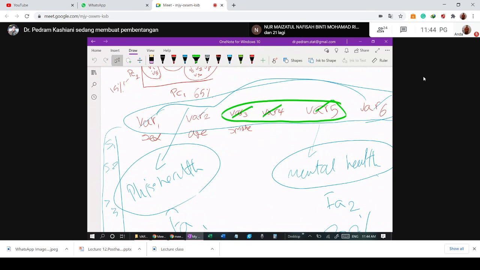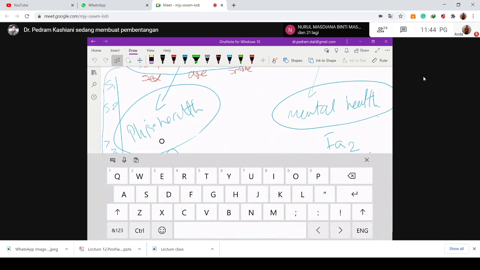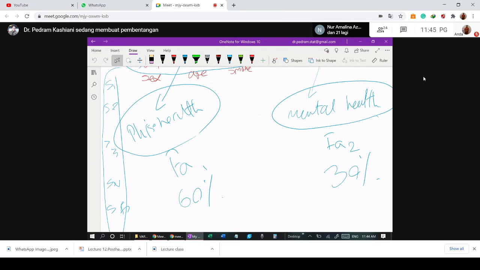Then I say, okay, this factor has these components inside. These components are mainly for mental health. So then I can say which students go to this group, or these students have good mental health. Which students go to this group, they have better physiological health. So this is how we discuss it.